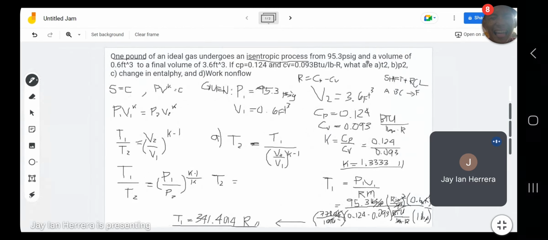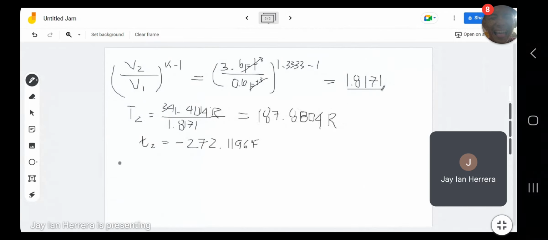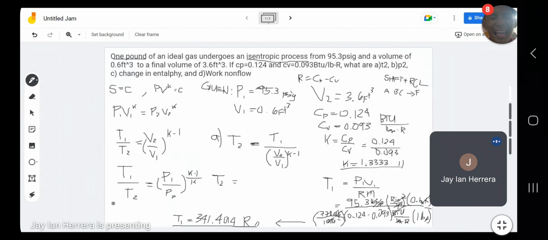So next is P2 naman. We can get P2 with this relation of temperature to pressure.